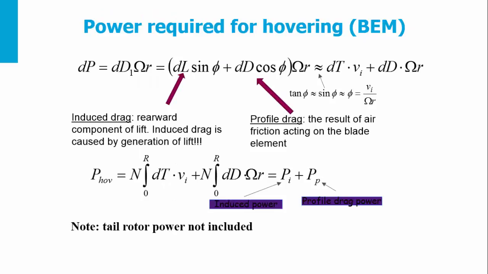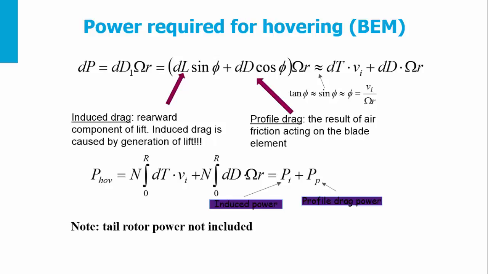The power required for hovering is then the product of the drag force in the tip path plane multiplied with the velocity, which is Vr. However, induced velocity is much smaller than omega r, so we are going to use omega r as the final velocity.